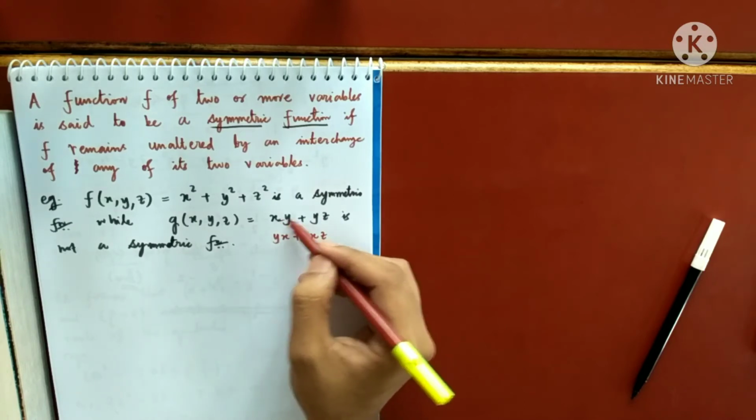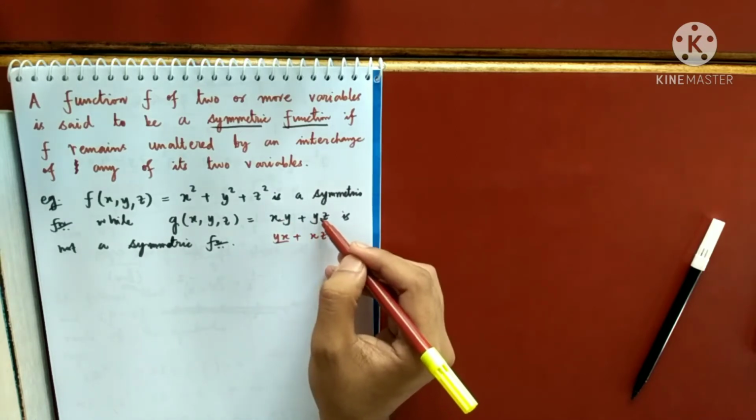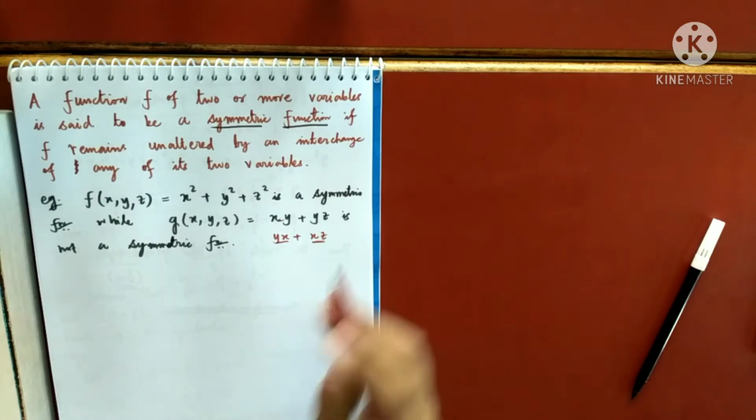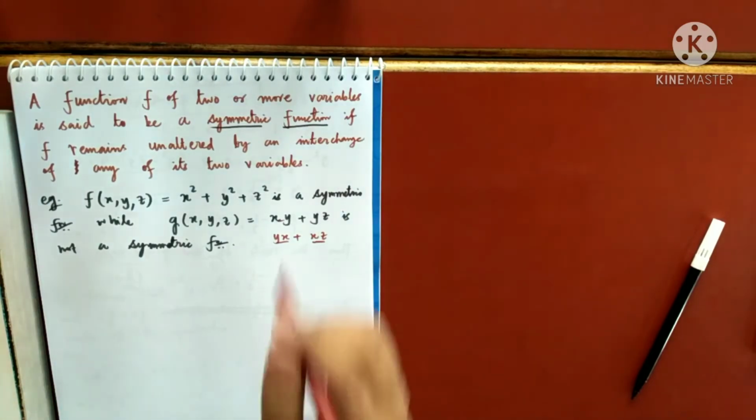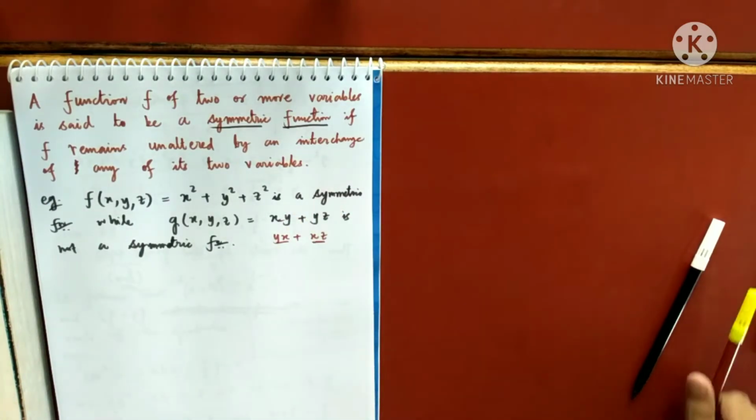The original was xy plus yz, but it has changed to xy plus xz. So the function has changed. This is the reason this is not a symmetric function. It is said to be symmetric if it does not change by interchange of any of its two variables.